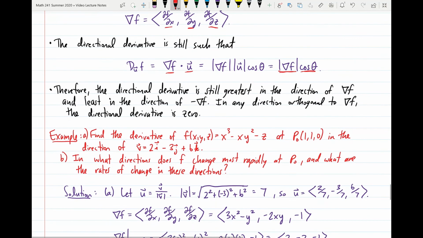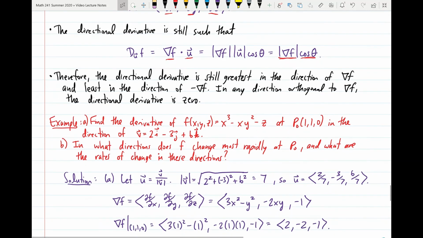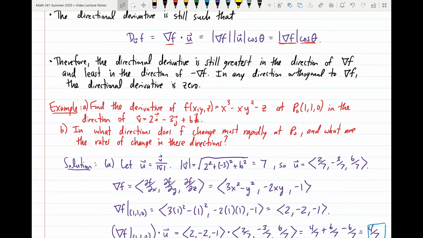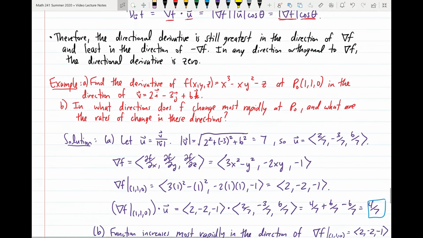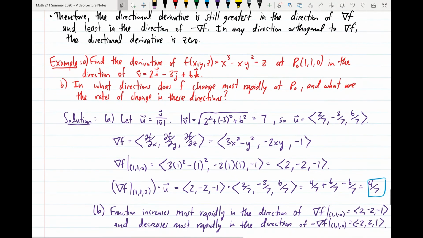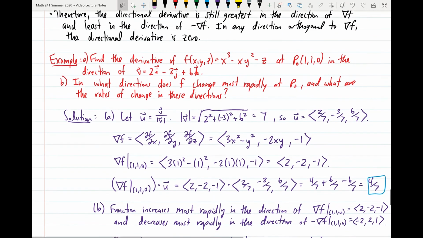And for this reason, the directional derivative is still going to be greatest in the direction of our gradient, and least in the direction of minus the gradient, or in the opposite direction of the gradient. And in any direction orthogonal to the gradient, we still have that the directional derivative will be equal to 0. So let's do an example with a function in three variables just to solidify some of these ideas.